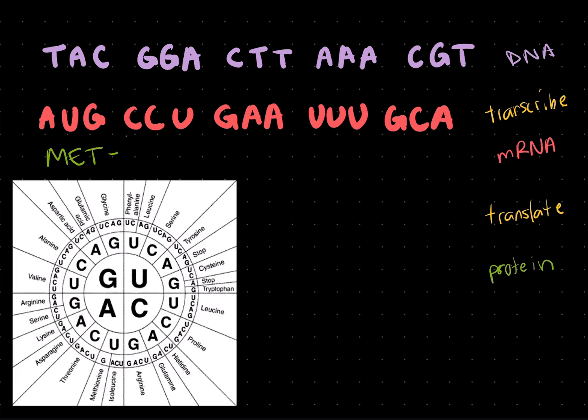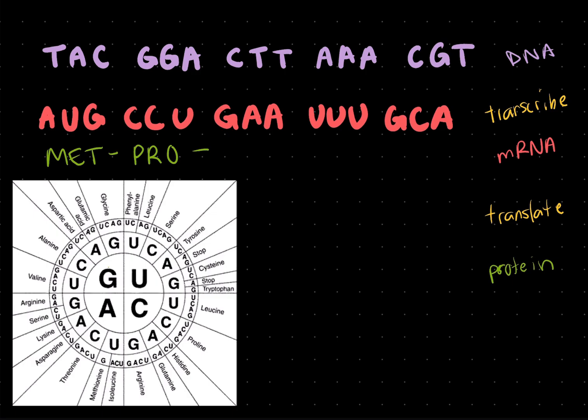Let's do the next one. The next codon starts with C. And so I'm going to look in this slice of the codon chart. The second letter is also C. And then the final letter is U. So I know this has to be my amino acid. Let's do another one.